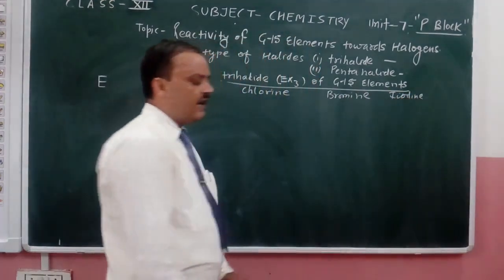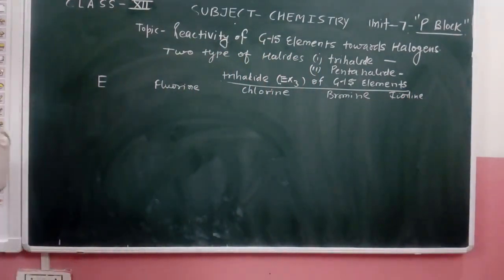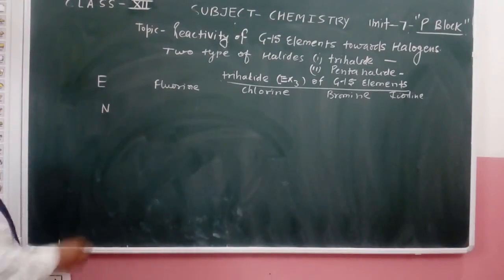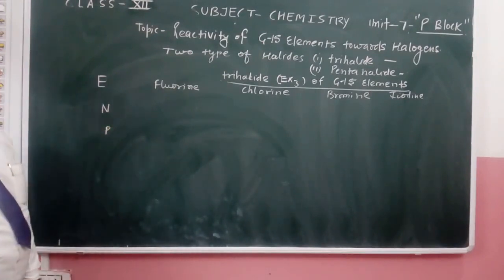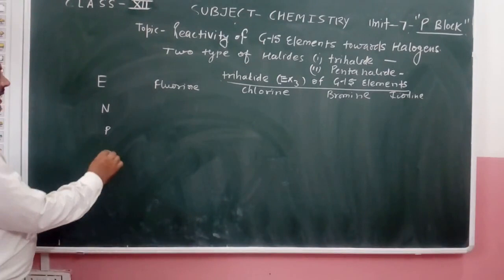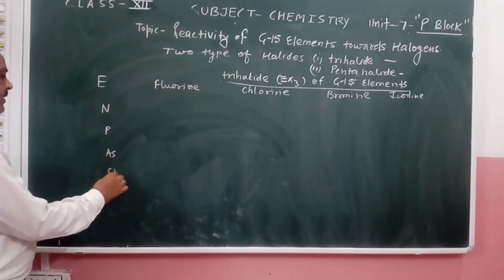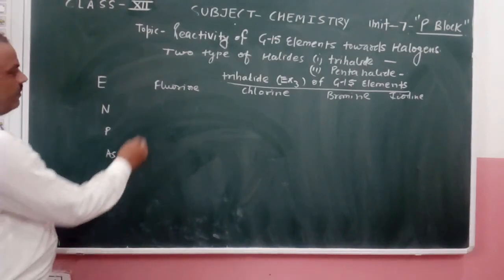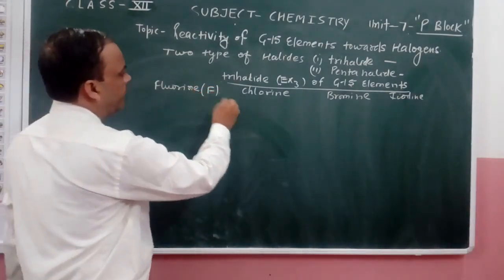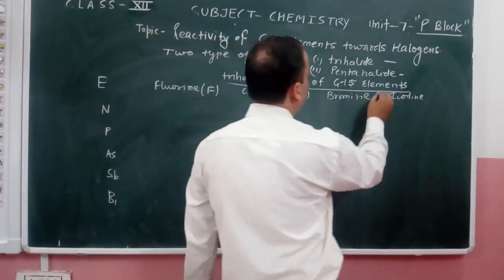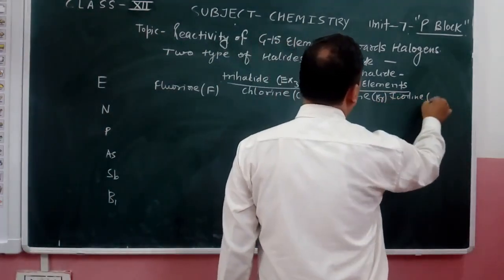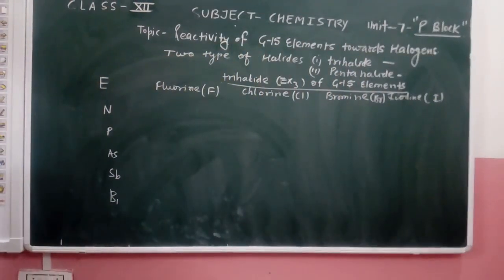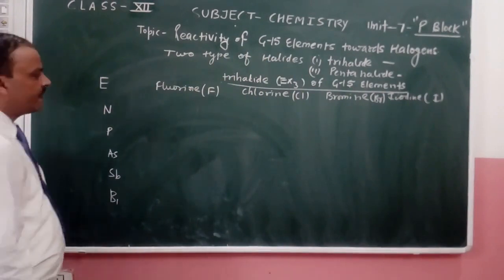So these halogens we have there, and the elements we have are nitrogen, phosphorus, arsenic, antimony, bismuth. These elements we have. That is the chlorine, that is the bromine, and that is the iodine. When the reactions among them take place, what do we have there?